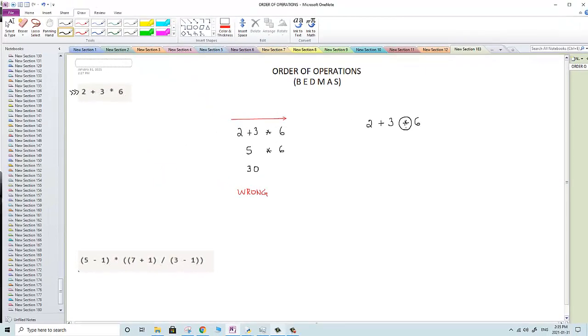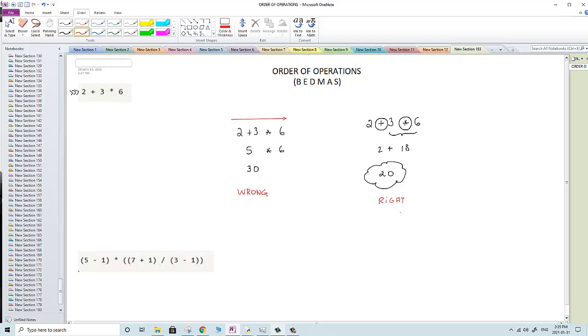Multiplication has a higher level than addition, so we start from the multiplication first. 3 times 6 equals 18, 18 plus 2 equals 20. The answer is totally different from 30, and this is the right answer.